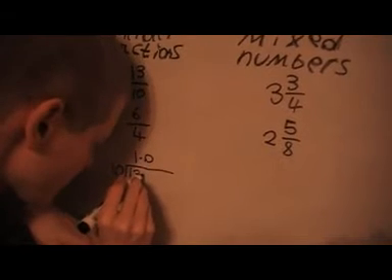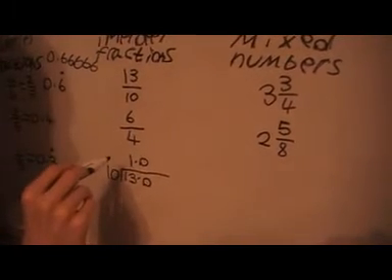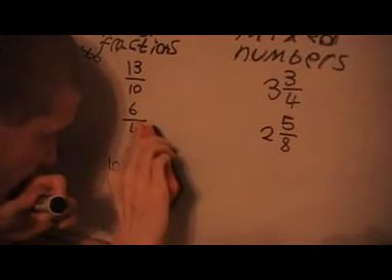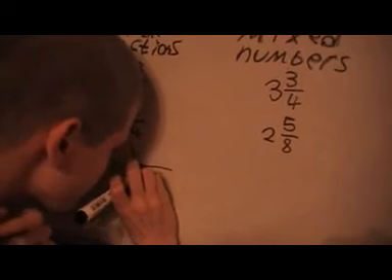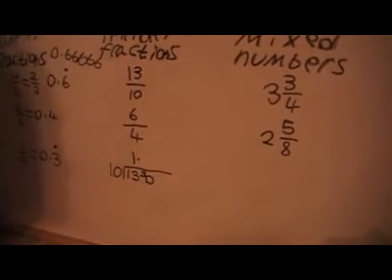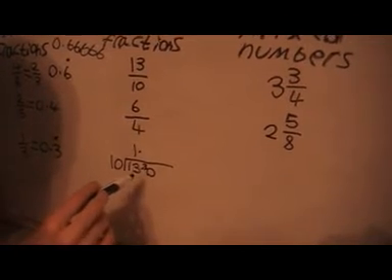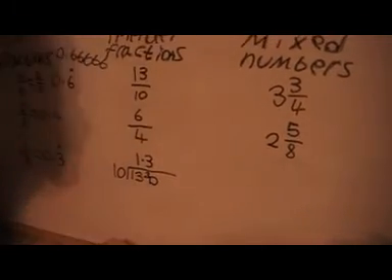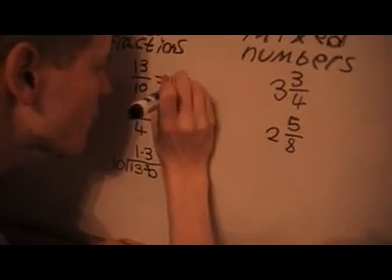And we're going to have a remainder of 3. We have this 3 left over, so now we'll do 10 into 30, which is 3. And there's no remainder, so we'll stop there. So this is going to simplify to 1.3.